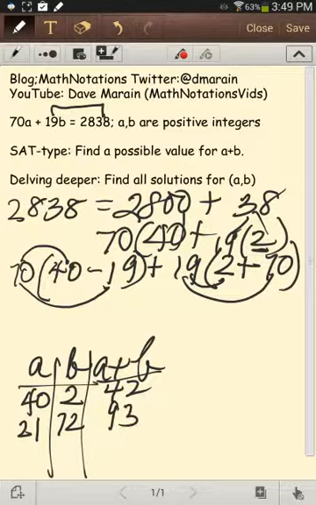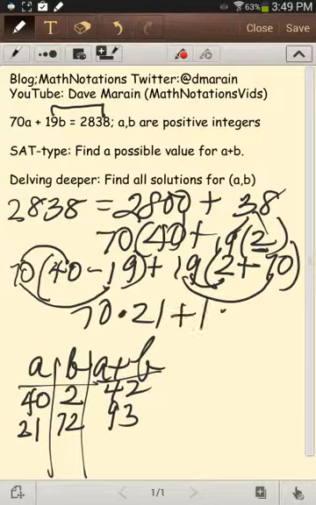I'll bet you that some students would still want to take their calculator and multiply 70 times 21 and 19 times 72 to convince themselves that this really produces 2,838. Anyway, is that just a clever device?